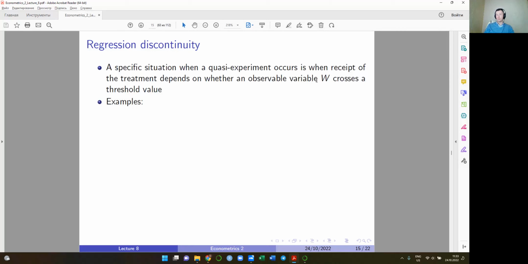So for example, when this occurs, we can make a study about political incumbents and whether they have an advantage in elections. Who are the political incumbents? Incumbents are the winners of the previous election.